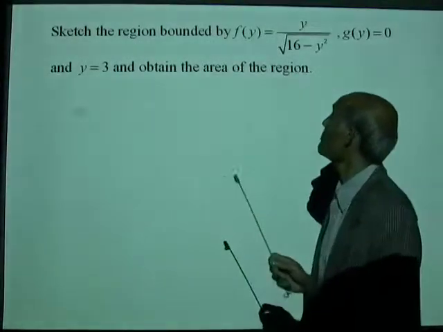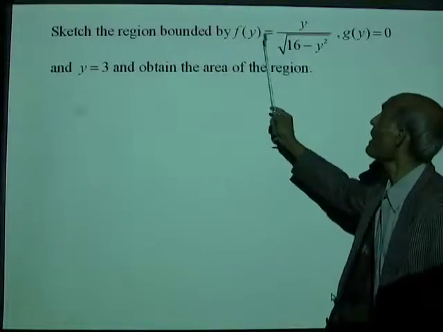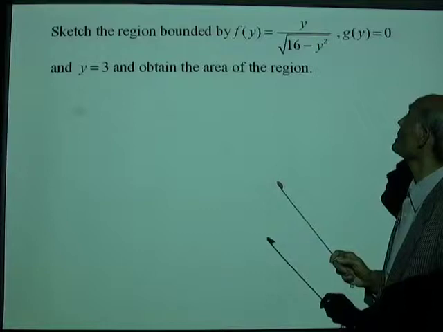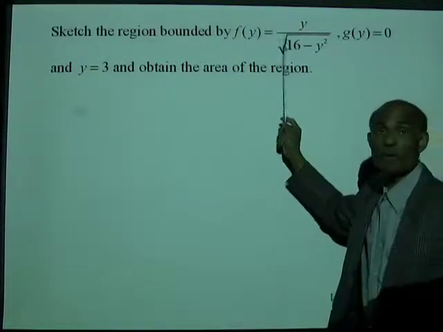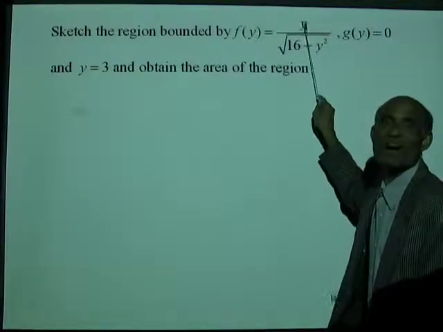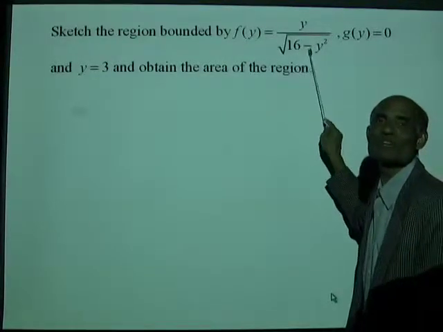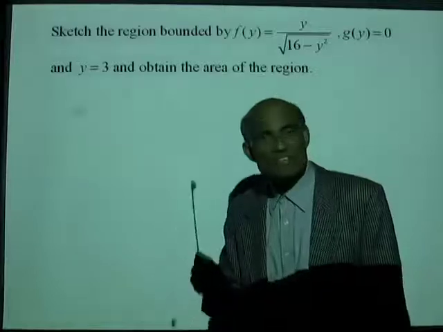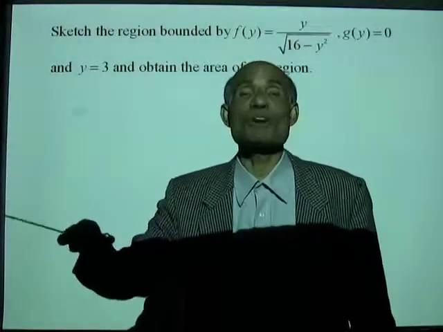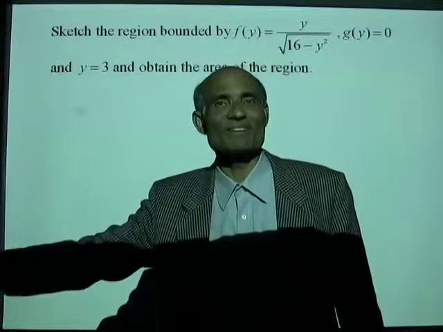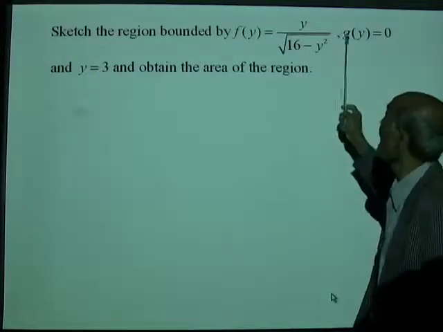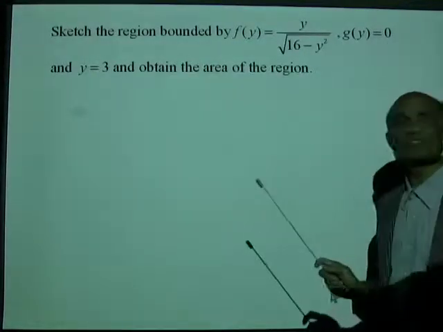Sketch the region bounded by f of y equal to y over square root of 16 minus y squared. Now remember, this can also be written as x equal to y over square root 16 minus y squared, just the same way we write y equal to x over square root 16 minus x squared. Is that right? So you've got f of y equal to this and g of y equal to 0.